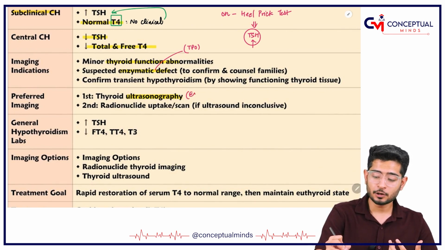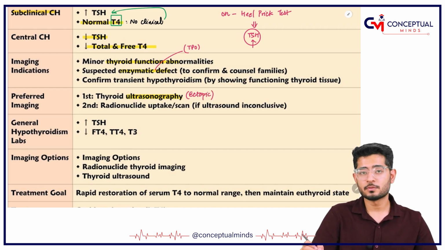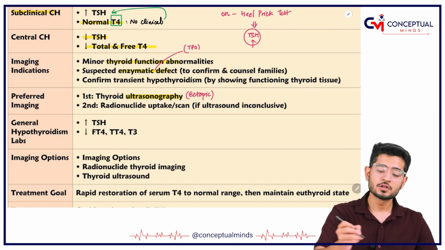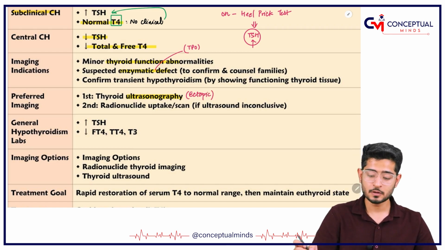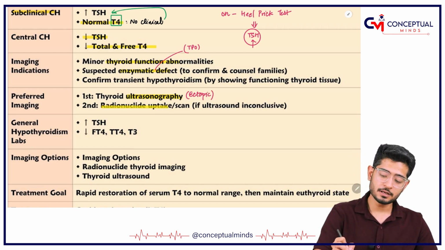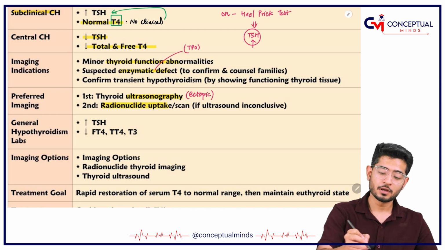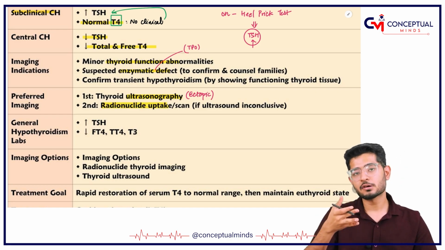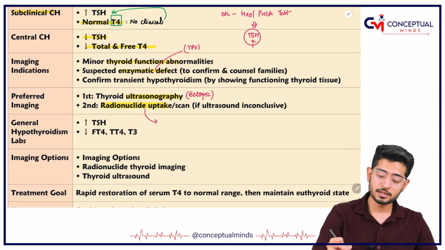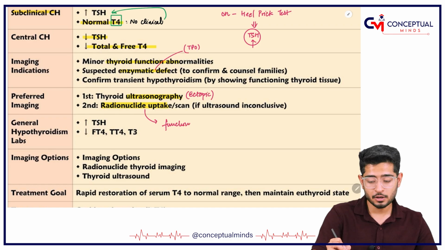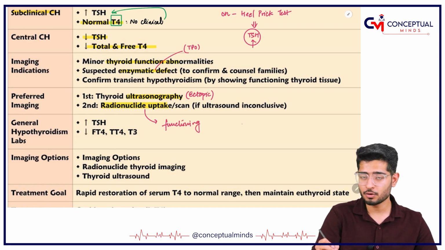Sometimes there is ectopic thyroid, the thyroid is not present at its normal site, so of course normal synthesis is not going to occur. So the first investigation is ultrasound. The second investigation is radionucleotide uptake. Even if the thyroid is at its normal position, we have to check whether the thyroid is functioning or not. So radioactive uptake tells you that, and you need to know which isotope you are going to use.